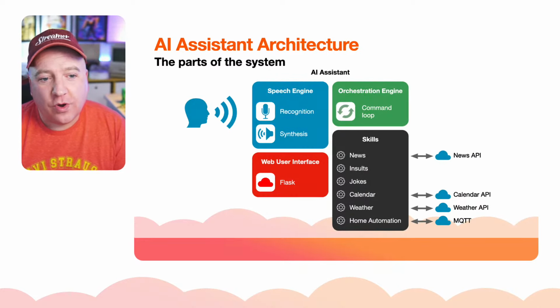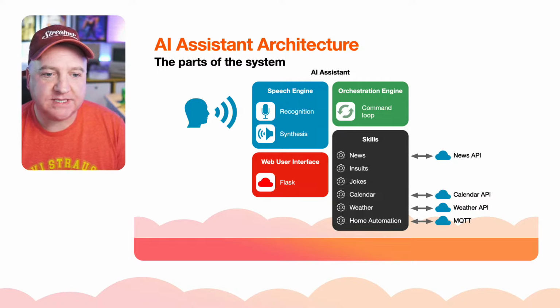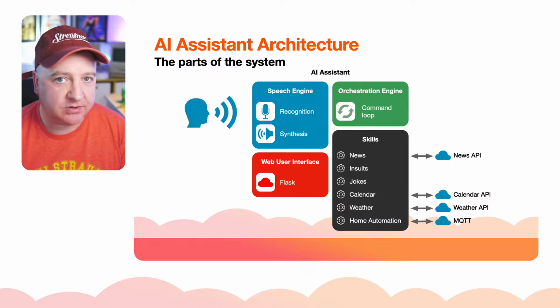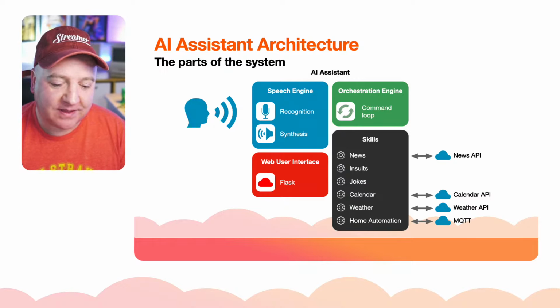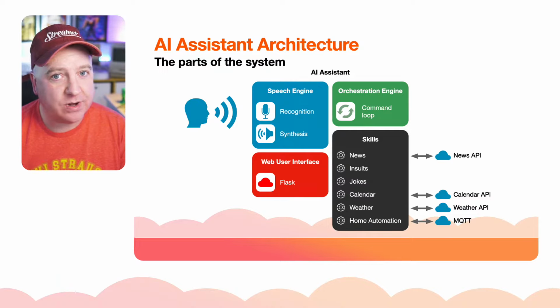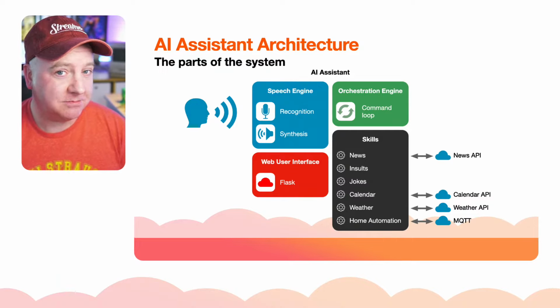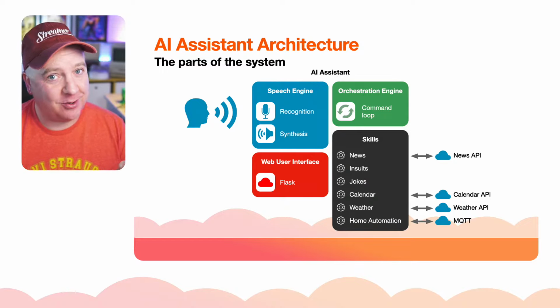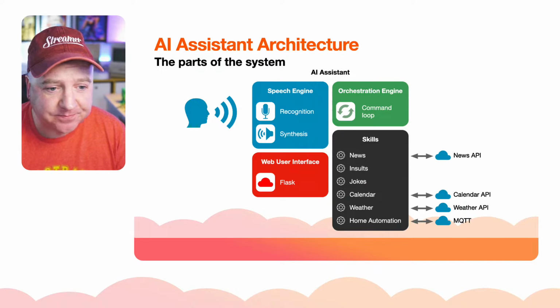So what is the architecture of this? If I was to beautify that drawing that we just looked at a second ago, we can see there's four main parts to this. We've got the speech engine where we can recognize and we can say things back. That's a lot easier to do than you would think in Python, whether you're using a Raspberry Pi, Windows or a Mac. And the code we write should work across all those platforms without any kind of tweaks or anything.